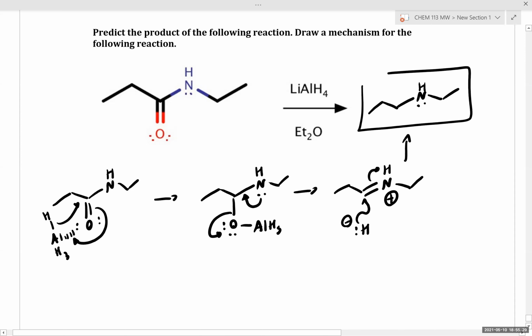Professor, so we wouldn't need to draw the two hydrogens bonds sticking out. You can, but they're implied. Oh, okay. Yeah. Got it. Mm-hmm. Thank you. Any other questions I can address?